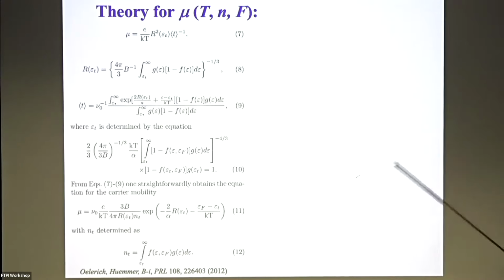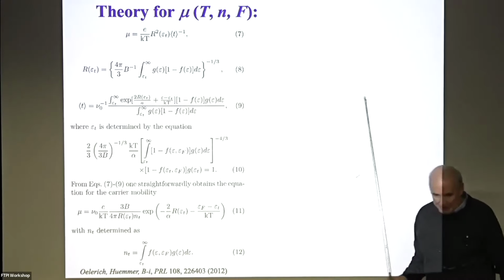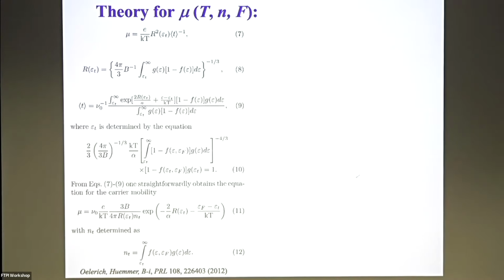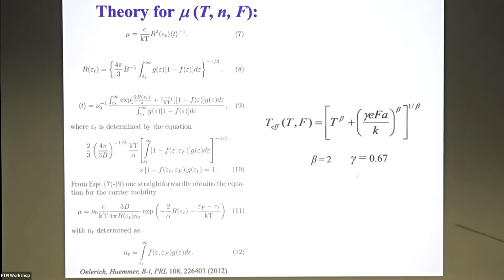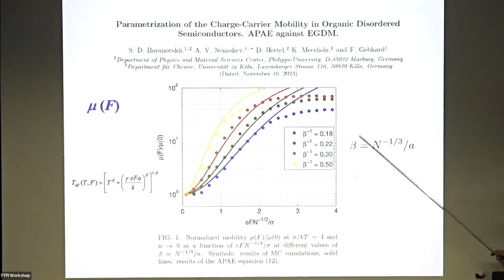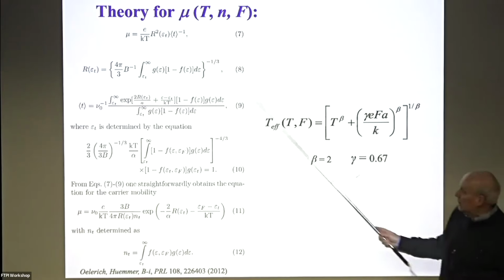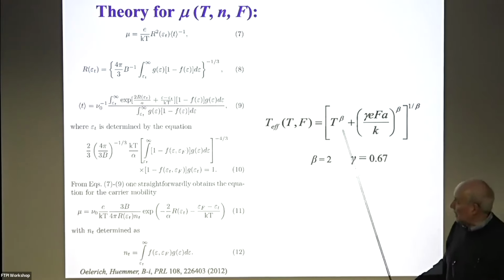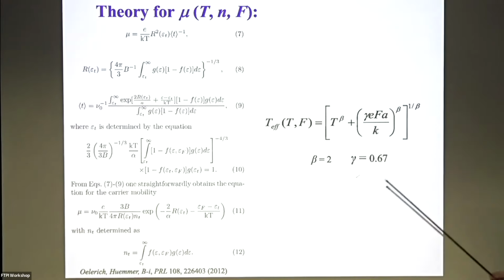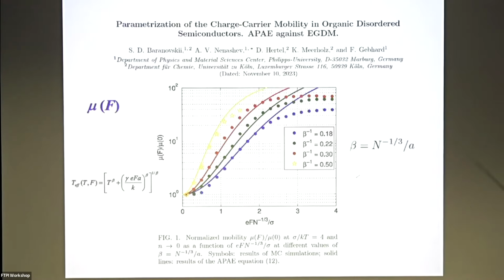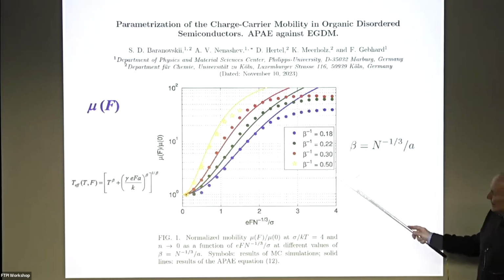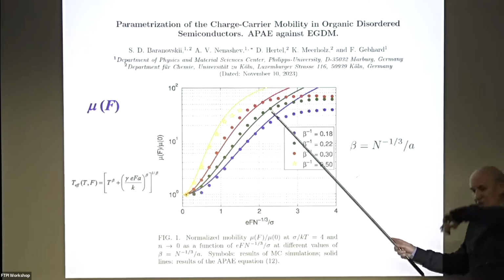And now the key question comes: how to describe field dependence? It's not possible in these simple hand-waving pictures. So the only way is to take the effective temperature from Baranovskii and insert this effective temperature, field dependent and temperature dependent, instead of temperature in your simple theory, and the result is this one. Now, solid lines are the results of this action.